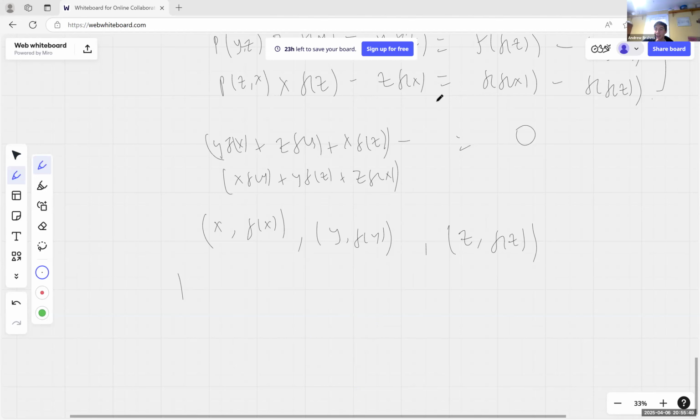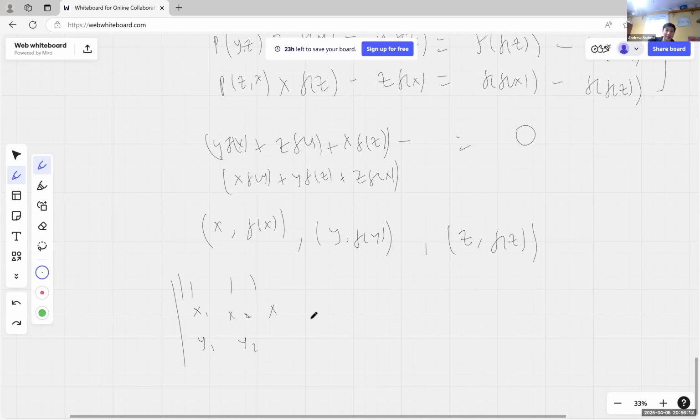This does come from the determinant, I think the determinant of 1, 1, 1, x1, y1, x2, y2, x3, y3. And the analogous formula for 3D would be x1, y1, z1 instead of 1, 1, 1.